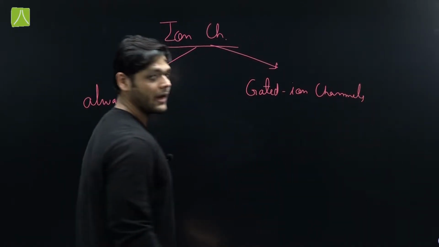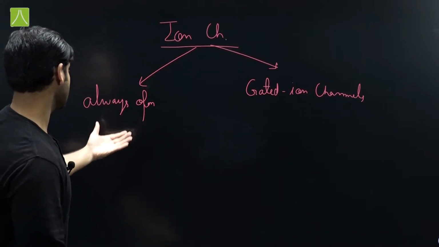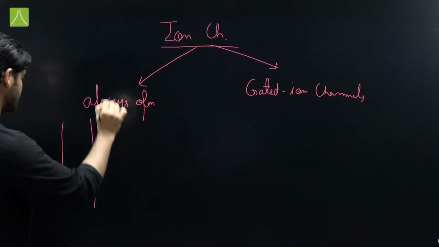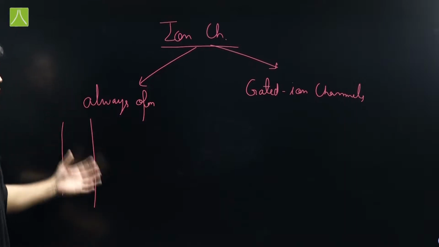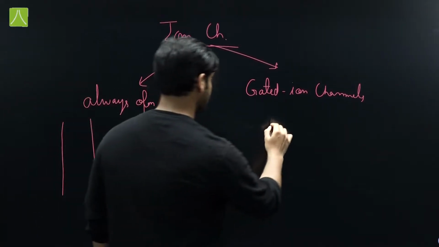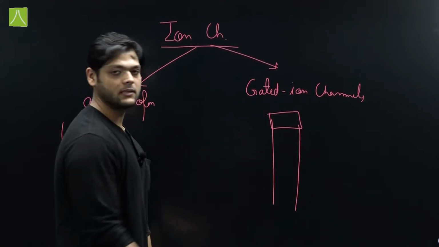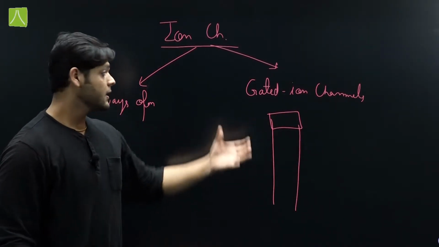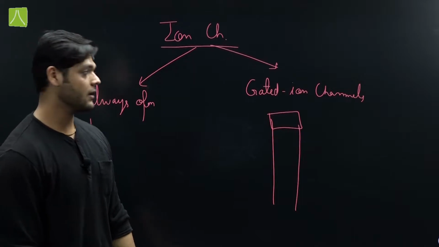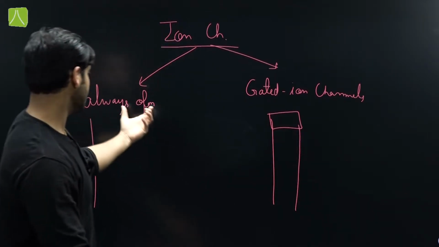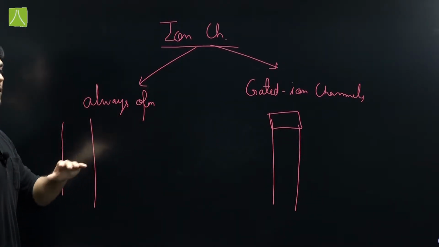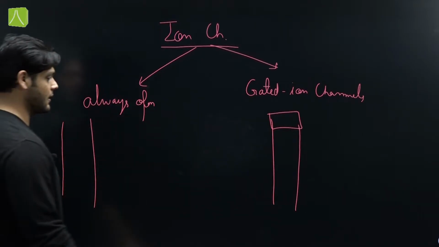You can understand by a practical life example. This is a simple pathway. There is no gate, you don't need to open any gate. But there are some gates, and at least to enter in this, you have to open this gate. So this type of ion channel is called a gated ion channel, and this type of ion channel is called always open, or just an ion channel.